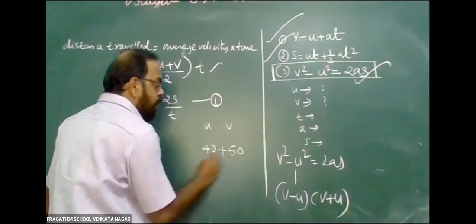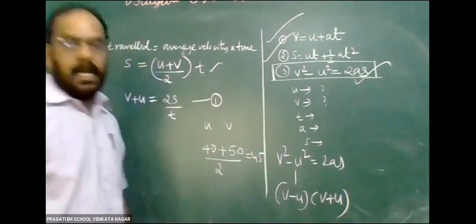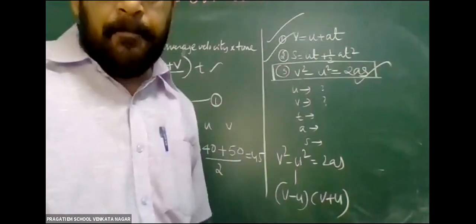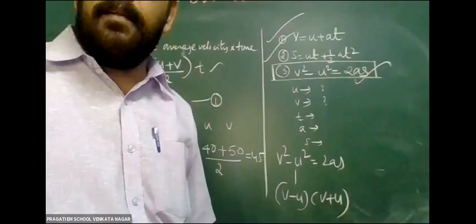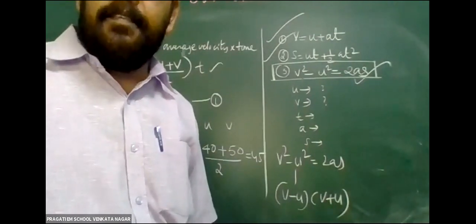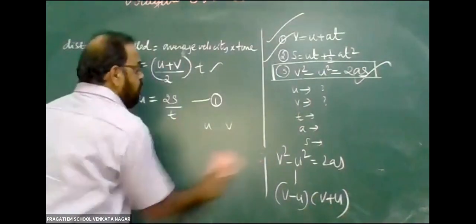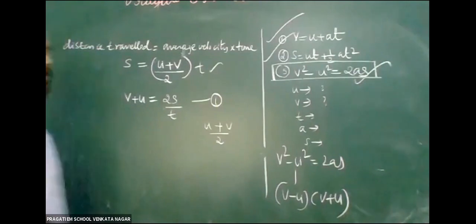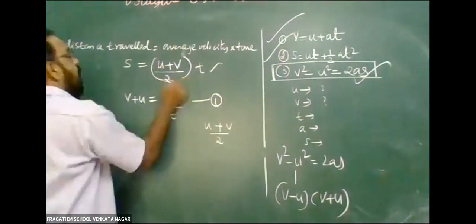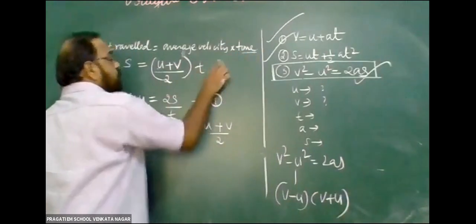Your average mark will be 40 plus 50 by 2, that is 45. So here, when two velocities are there, U and V, the average velocity will be U plus V by 2. That is the average velocity into time.